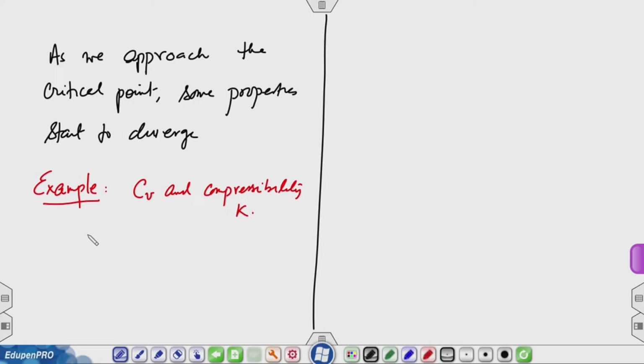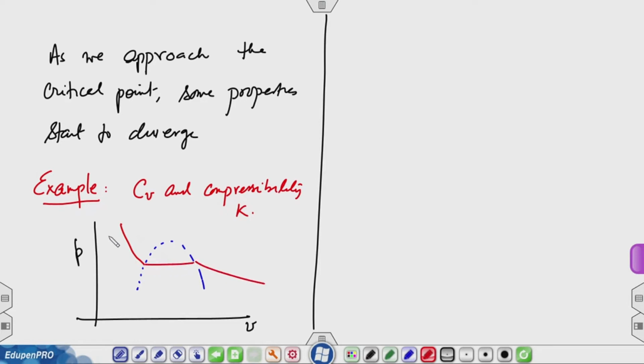So again, if I take this curve, where I have V and P, this is the saturation curve. You have these graphs.